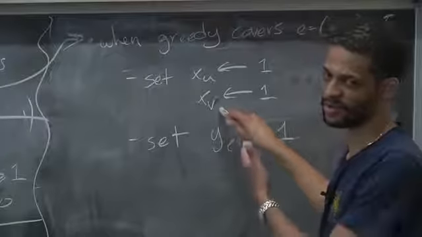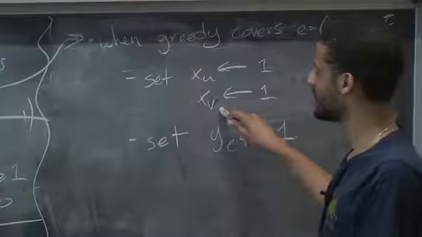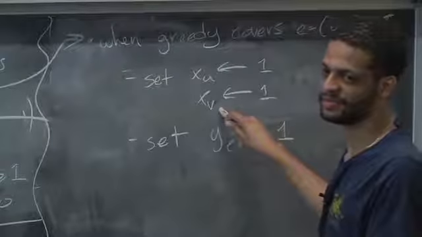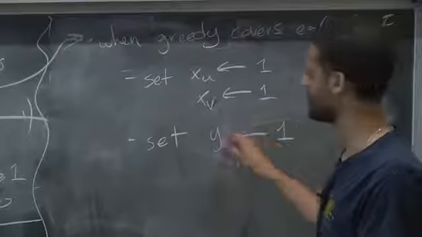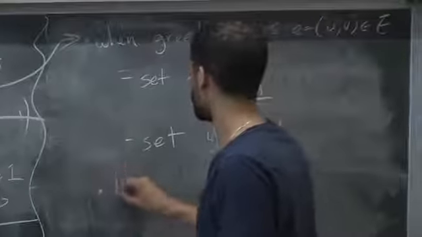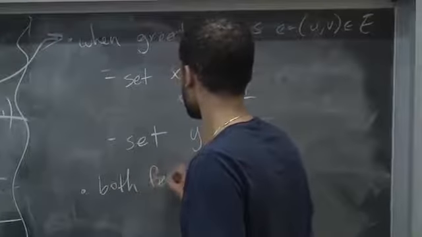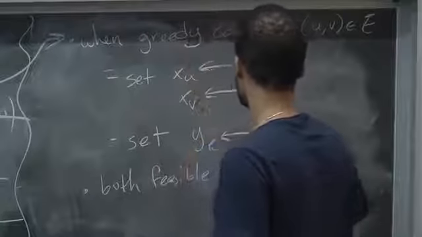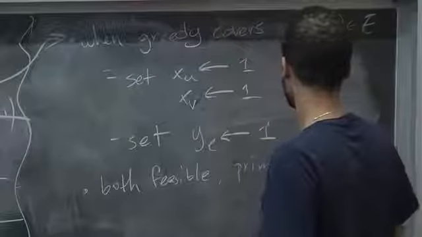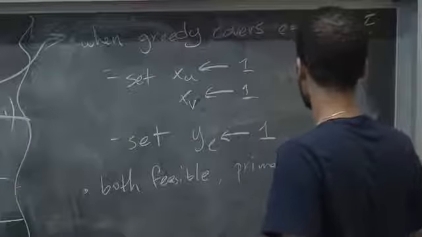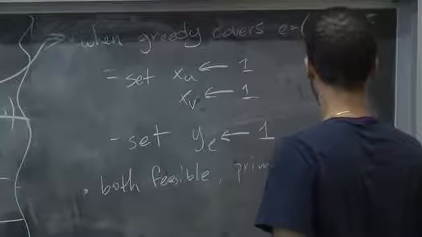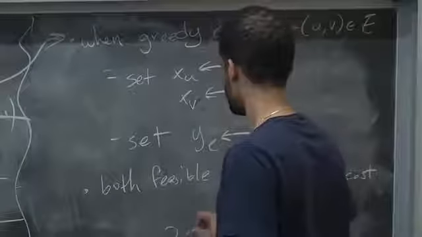Possibly 1 if one of them was already taken. So it's a 2 approximation. Both feasible, but primal cost is at most twice dual cost, implies 2 approximation.